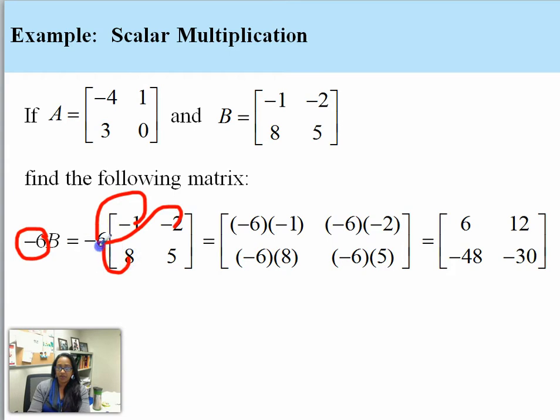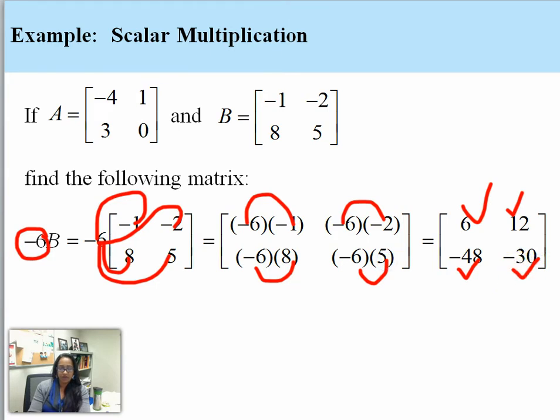So -6 times -1 is +6, -6 times -2 is +12, -6 times 8 is -48, -6 times 5 is -30.